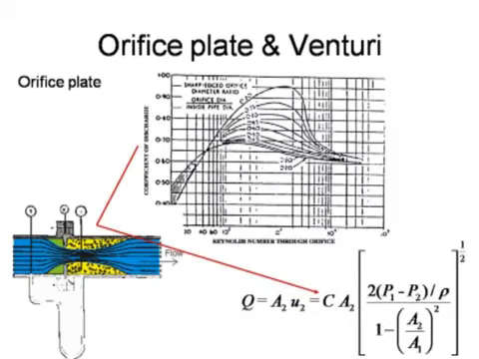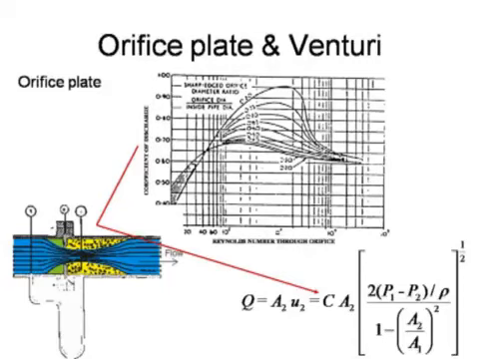So the last thing to consider is this discharge coefficient, which its name gives away really. It's a coefficient, it's not a constant, and that coefficient depends on the Reynolds number through the orifice and also the design.